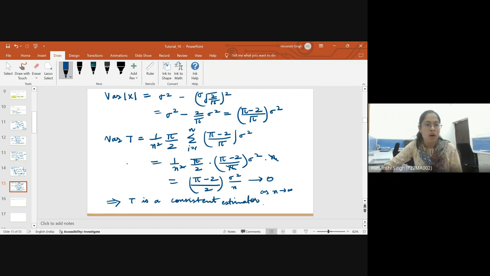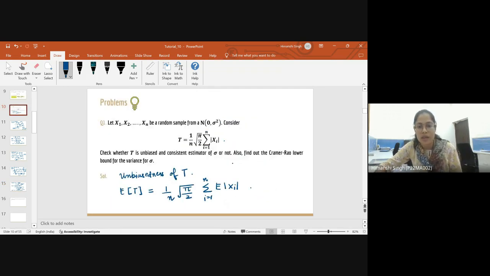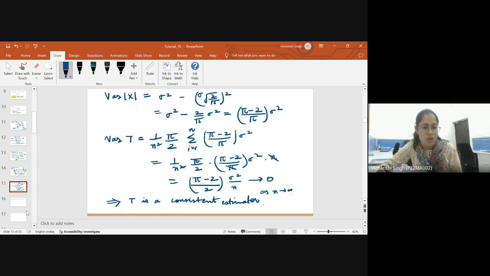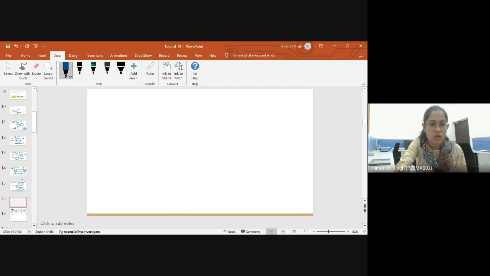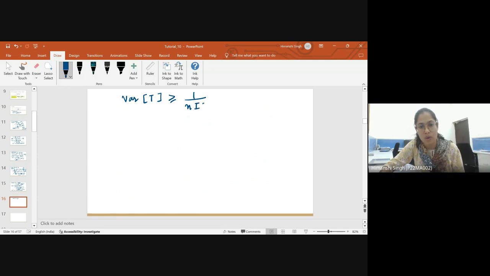Okay, now what next in the question? Also find out the Cramer-Rao lower bound for the variance for sigma. So we need to find the Cramer-Rao lower bound. Variance of t, as we have already discussed, will be greater than or equal to 1 upon n into I of sigma, since t is an unbiased estimator of sigma and variance of this t is less than infinite.